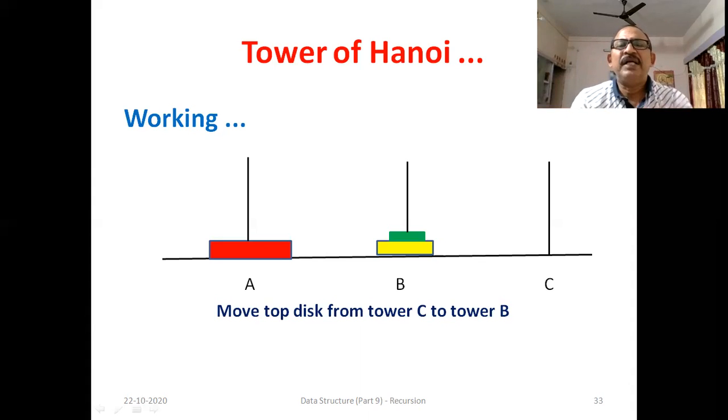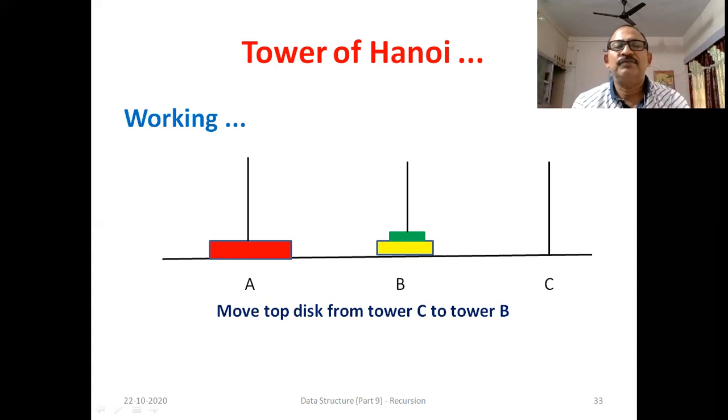Here you can observe that we can break the entire movement process into 3 major steps. The problem is to move the 3 discs from A to C. In the first portion, what we did, we moved 2 discs from A to B, taking C as an intermediate tower. In the first part, we divide the problem of moving 3 discs from A to C into 3 parts.